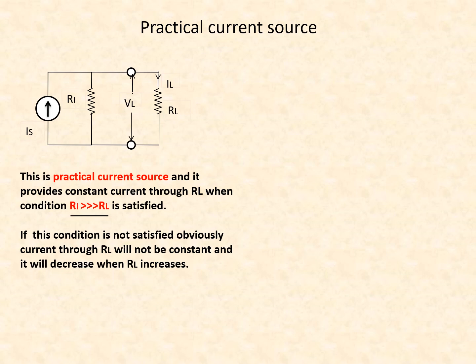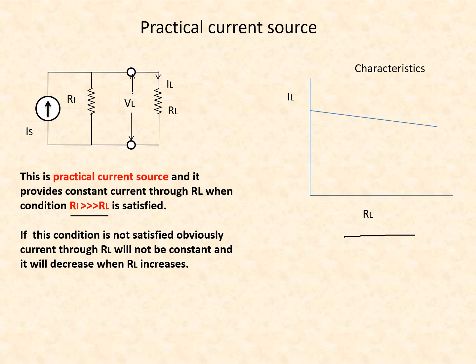If this condition is not satisfied, obviously current through RL will not be constant and it will decrease when RL increases. This is shown with the characteristics. In this characteristic, it is shown that when RL is increased, then load current IL decreases. This is the characteristic of practical current source.